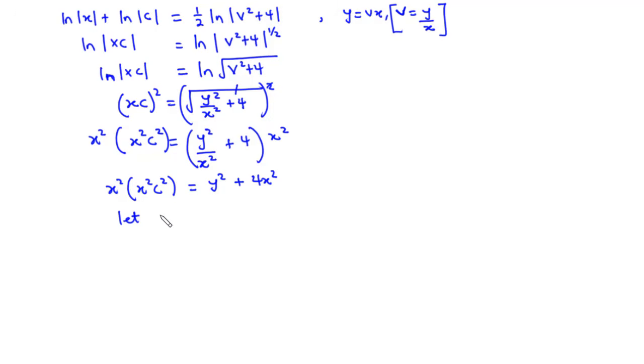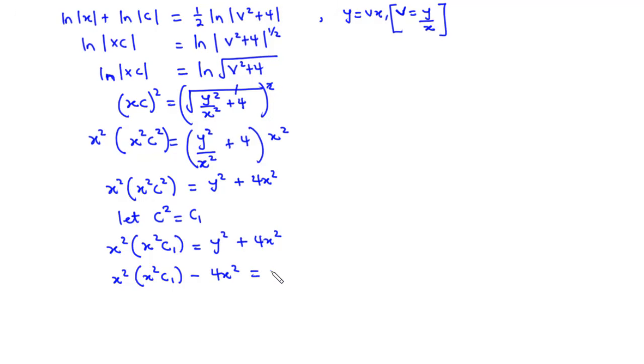Okay, so let c square be equal to c1, which is also a constant. Therefore we have x square times x square c1 equals y square plus 4x square. Now we transpose 4x square to the left hand side, so that we have x square c1 minus 4x square equals y square.